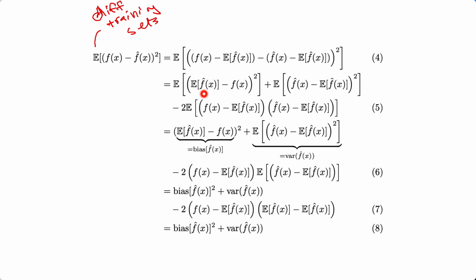And this is the mean of the machine learning system instantiated over lots of different training sets. So this is a constant because it's a mean. So a constant minus a constant is a constant. So here, this term, we can just take the interior and get rid of this expectation. Okay?